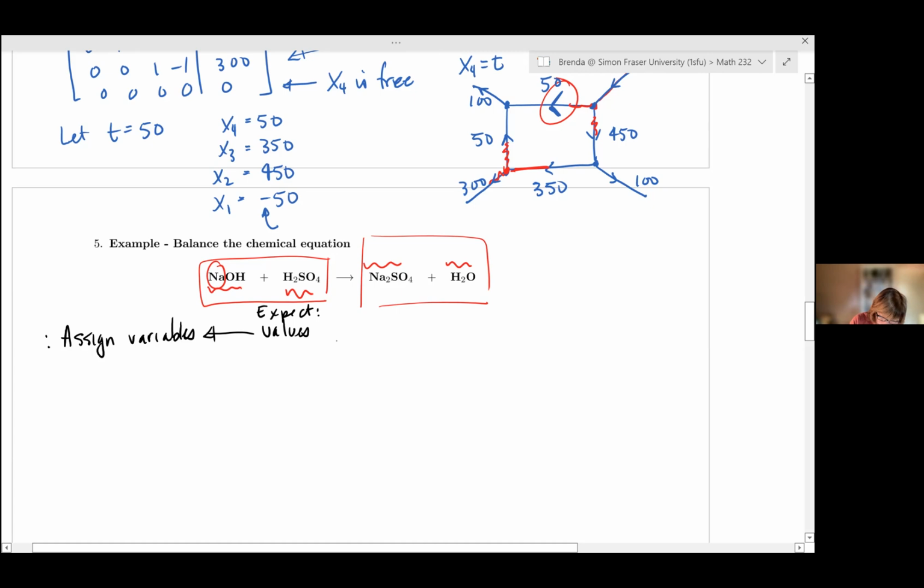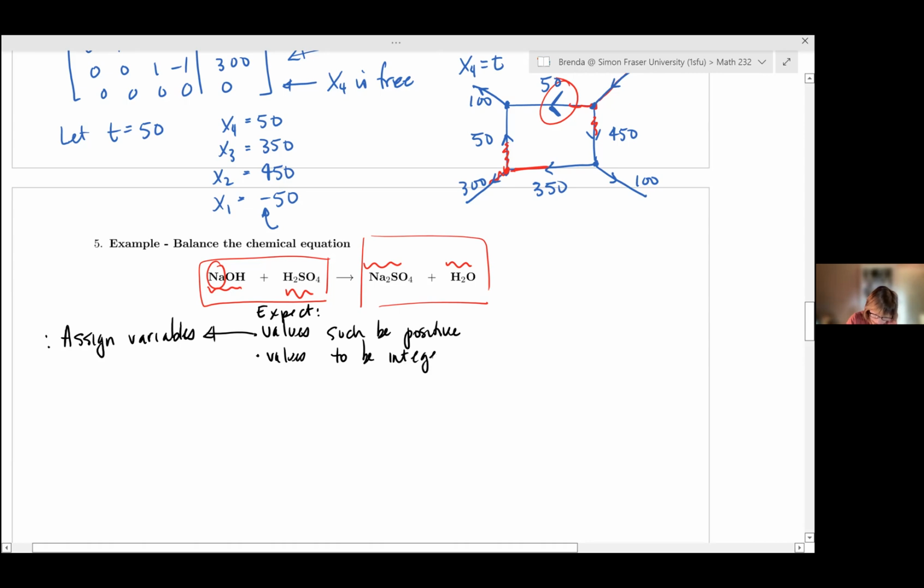Values should be positive. We don't have a way of interpreting -3 hydrogen molecules. That doesn't make sense. It's not like flow, where you can say, oh, that's the other direction. No. So we're expecting the values to be positive, and we are expecting the values to be integers.